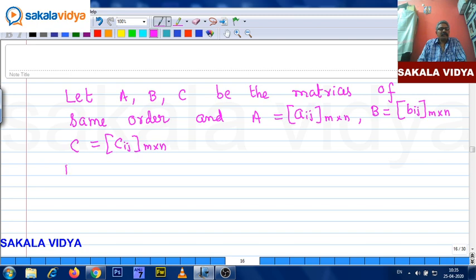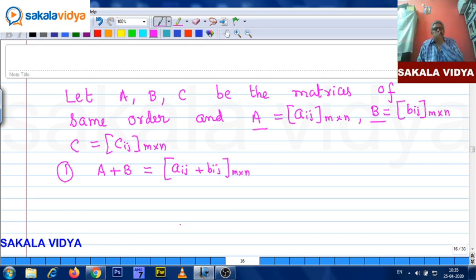First property: how to add these two matrices? Operations on the two matrices, A plus B. For example, if A comma B are two matrices of the same order, then A plus B is also a matrix. That means we get Aij added with Bij, of order m by n. Second, what is minus A?